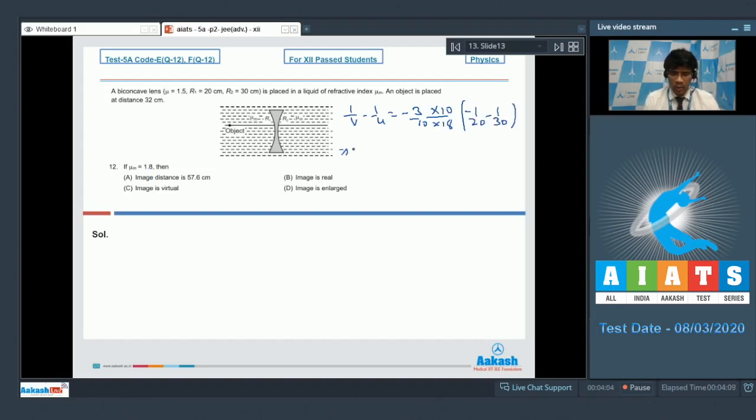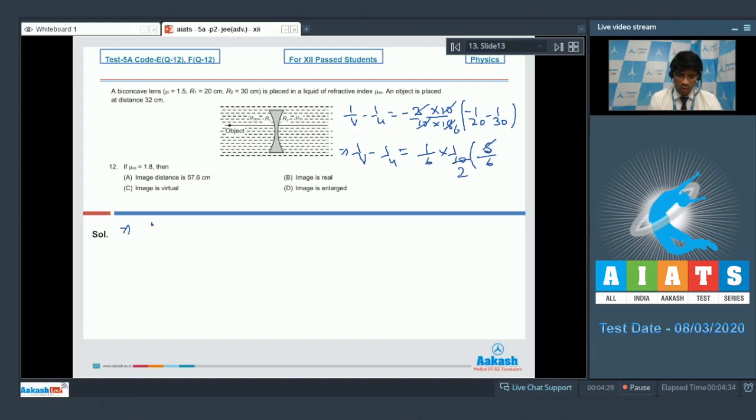This 10 will cancel out, here it is 6, and the negative signs combine to give 1 by 6 times 1 by 10, times 1 by 2 plus 1 by 3, which is 5 divided by 6.